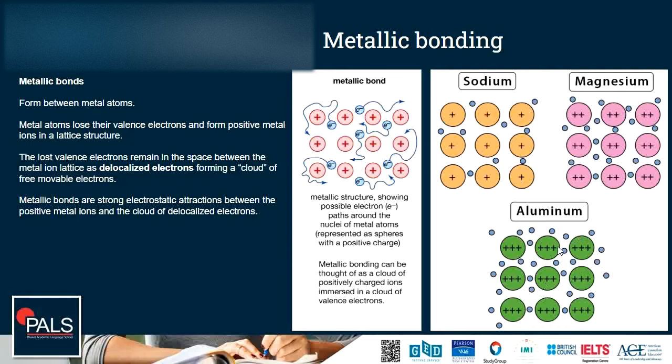Aluminium, being in group 3 in the periodic table, loses 3 electrons to get a full outer shell, forming 3 positively charged aluminium ions with even more delocalized electrons now in the positive ion metal lattice.